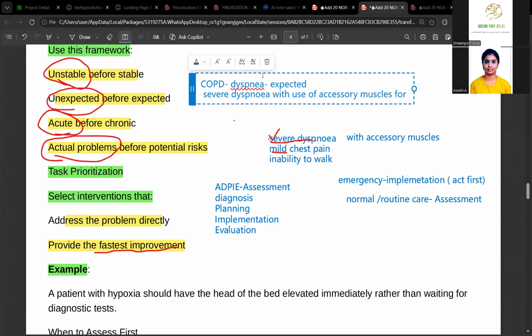Which is your highest priority? Severe dyspnea with accessory muscle use, that is a complication. That means it is an unexpected finding.